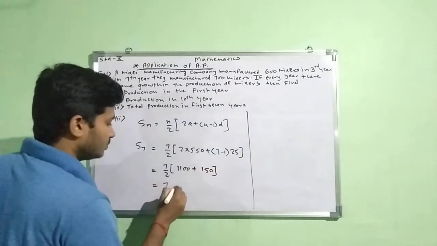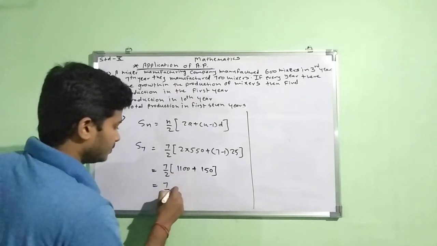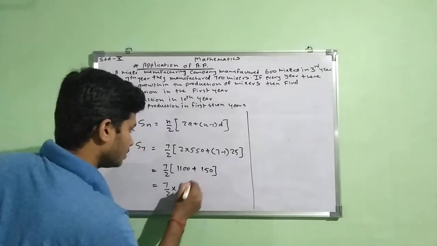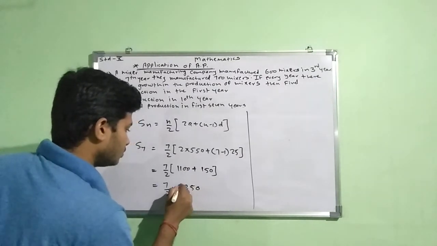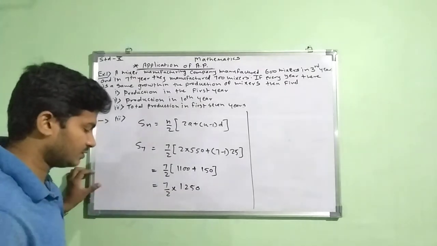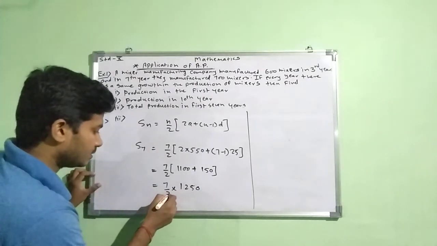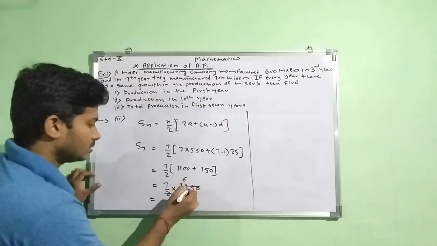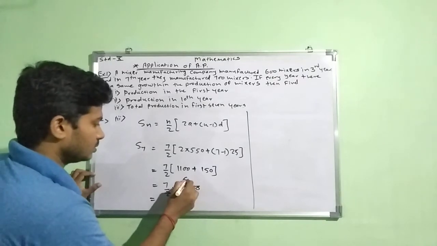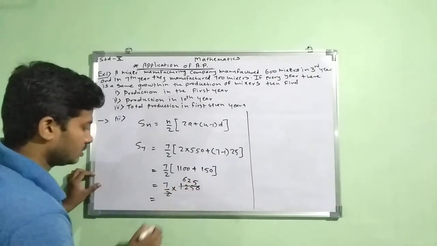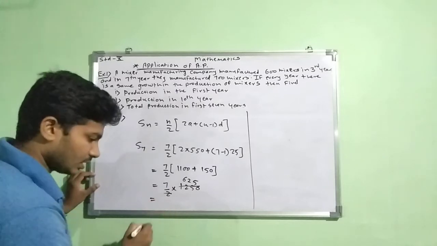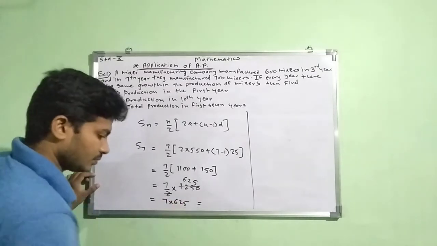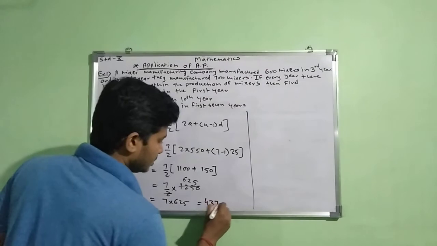Okay, now 7 by 2 we have to add them. If you do the cancellation, seven into 625, and that final answer will be 4375.